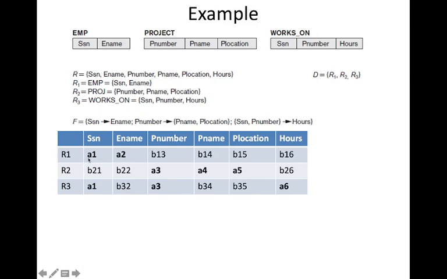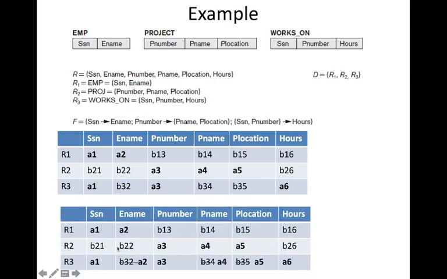If the X part is the same, we have to check the Y part, and if one has an A symbol, then make the other one the same A symbol. That is, we have to change this B32 to A2.